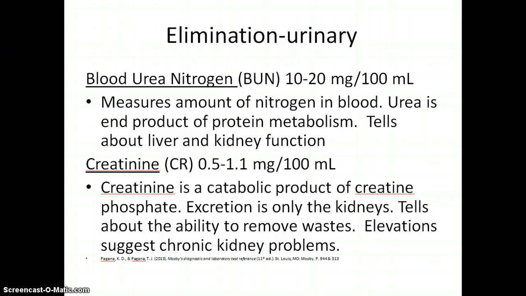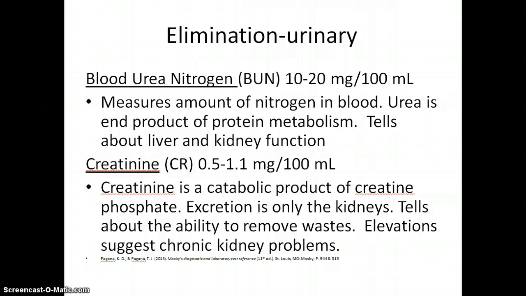So your BUN normals are 10 to 20, and it should be a 10 to 1 ratio with your creatinine. Creatinine is a smaller number, 0.5 to 1.1 milligrams per 100 milliliters, and we're just looking at how well the kidneys are working.